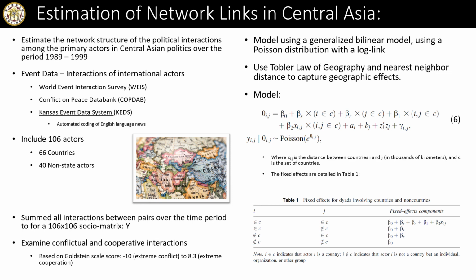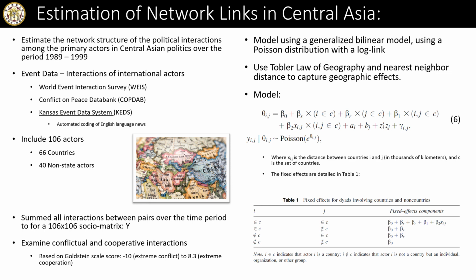And then, as detailed earlier, they use the generalized bilinear model and a Poisson distribution with a log link. They use Tobler's law of geography to define the nearest neighbor and to capture those geographic effects.